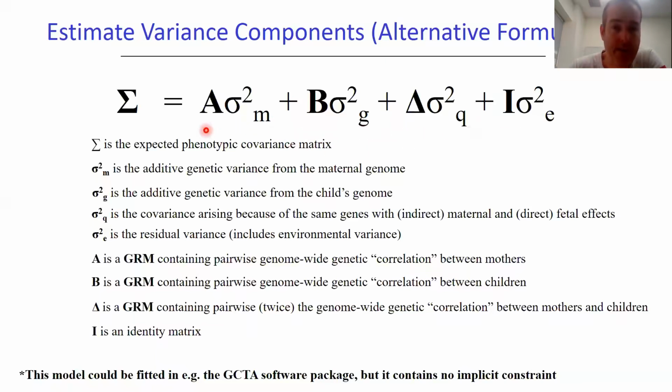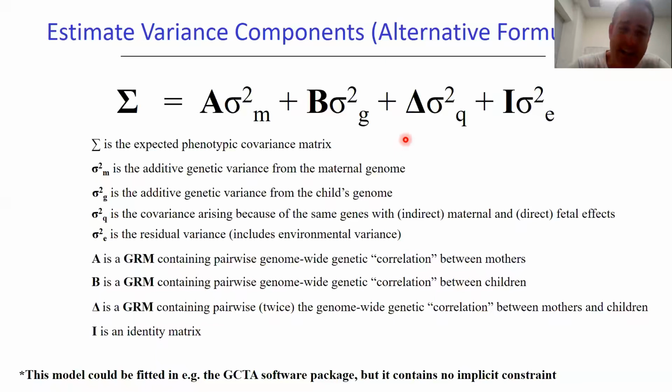So you just have your 3 or 4 GRMs here, one for your mums, one for your kids, the delta matrix and the identity matrix, and you just estimate 4 different variance components where you don't have that implicit constraint. So the nice thing about OpenMX is that you can fit that implicit constraint. In the GCTA software package, you can't do that.